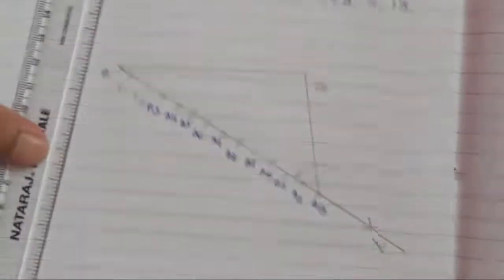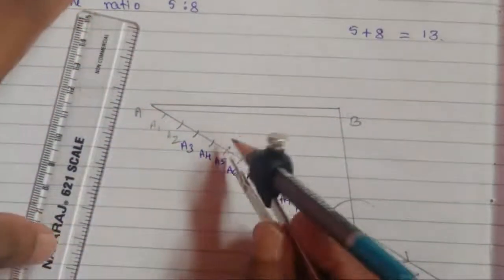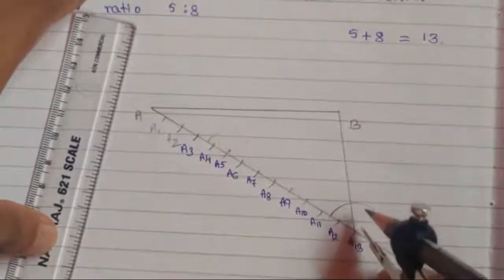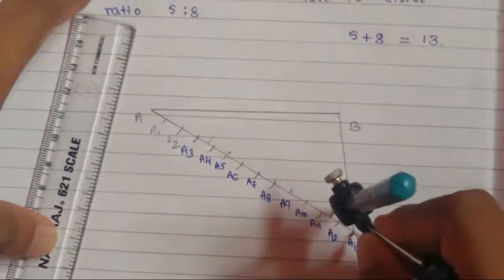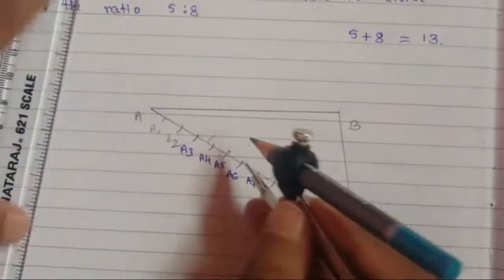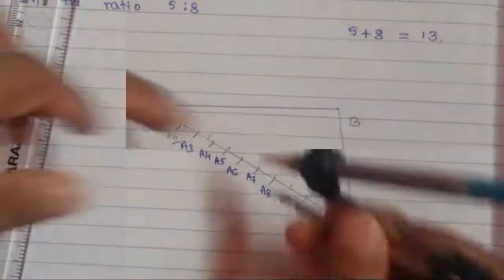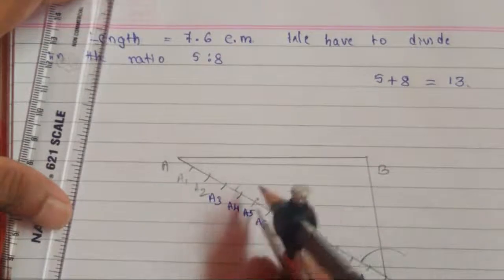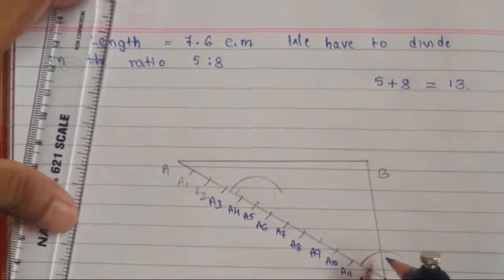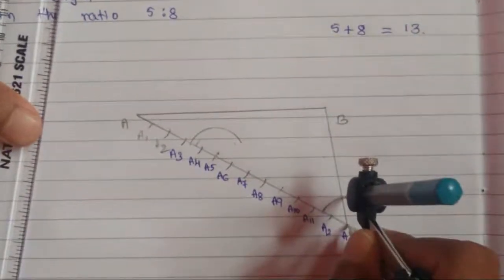Then the first ratio is 5. So at the point 5 we have to draw an arc. I drew an arc here, and the same arc I have to draw at point 5, from point 5 with the same length.